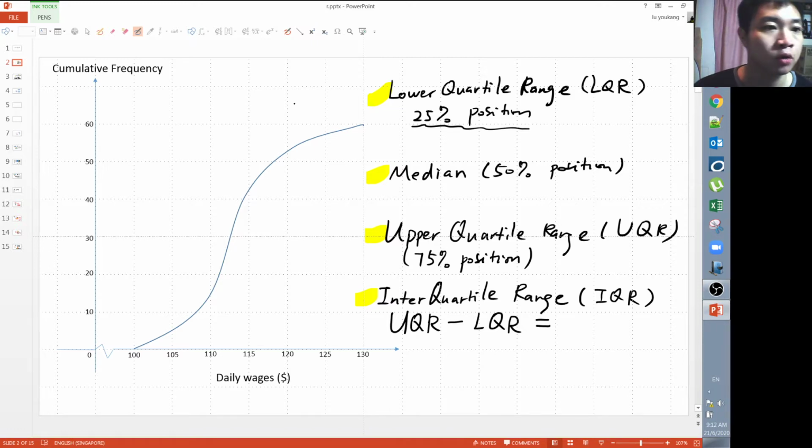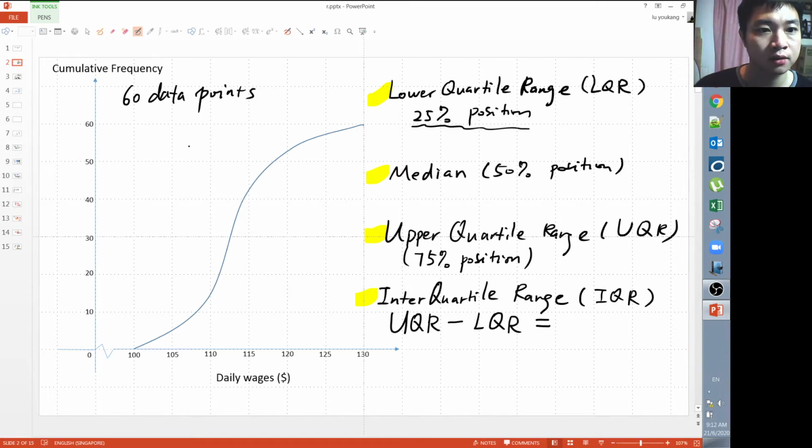Look at this cumulative frequency diagram here, and you should notice you have from 0 to 60. This means the diagram tells us we have 60 data points.